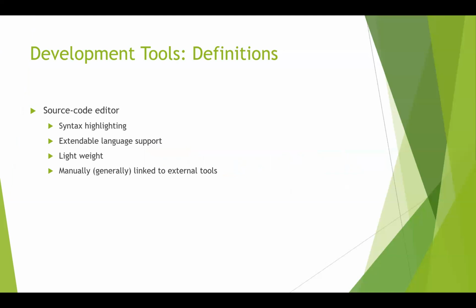Well, effectively, a source code editor is a tool possibly as simple as Notepad or TextPad that simply allows you to type in the source code in the language that you're trying to develop in. And fundamentally, it doesn't really have to have any additional features.